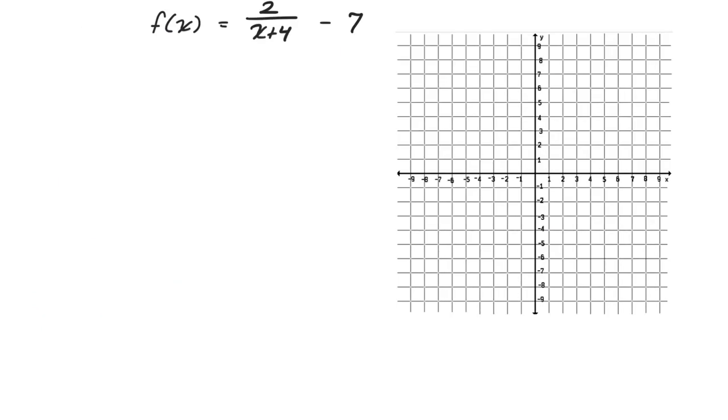All right, so here's an example, okay? We have 2 divided by x plus 4, minus 7. So what I've got here is that the value of a is equivalent to 2. I've got an h in this case, and my h is equal to negative 4, because it's plus 4. And my k is going to be equal to negative 7.